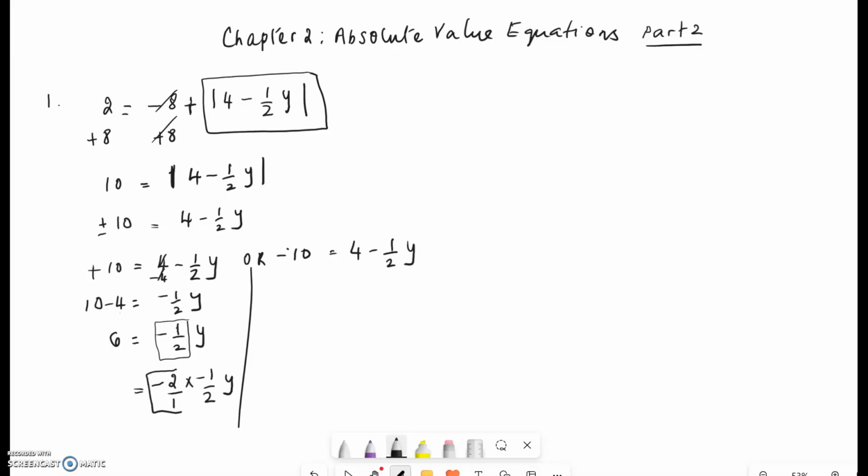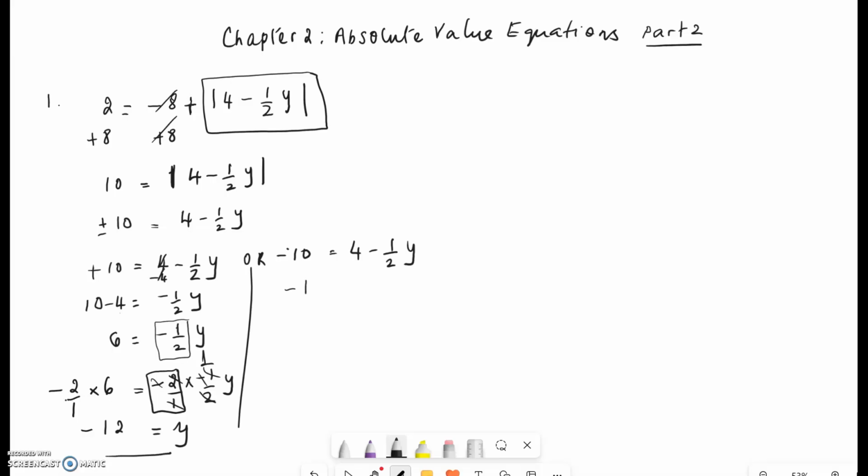This is the number we multiply both sides with. So we go 6 times negative 2 over 1. When you multiply a number with its reciprocal, you get 1, and that's how you get rid of it. So you get y equals negative 12. That's one of your solutions.